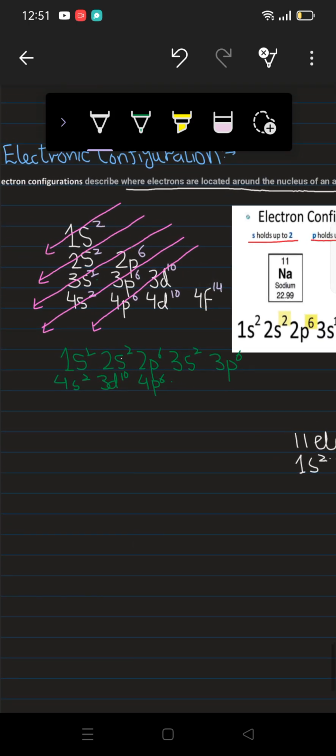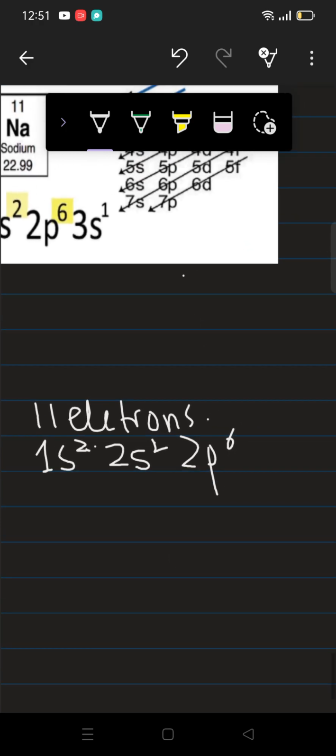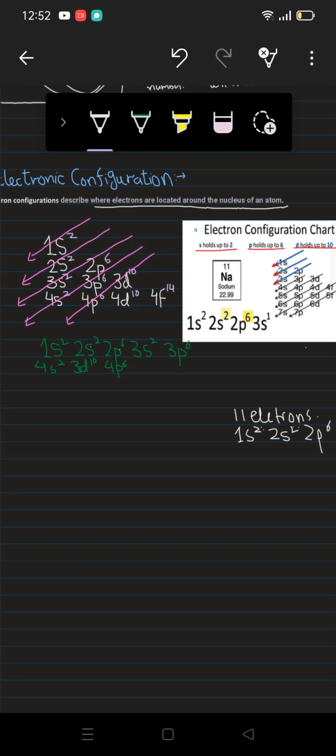Now we need to occupy 2p6. So 2p6. Now let's count how many electrons have been occupied by the subshells. 2 plus 2, 4. 4 plus 6, 10. 10 electrons have been occupied. Now only one electron is left, and we need to know which subshell this electron will occupy.